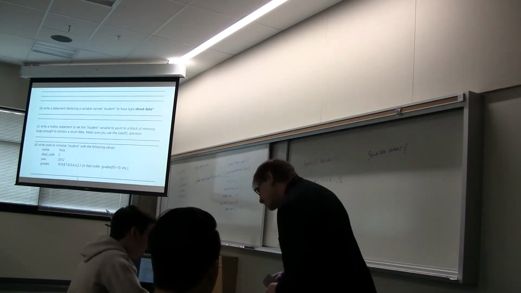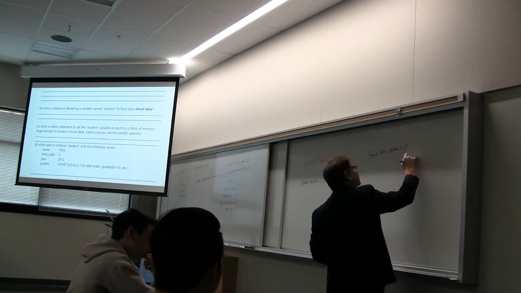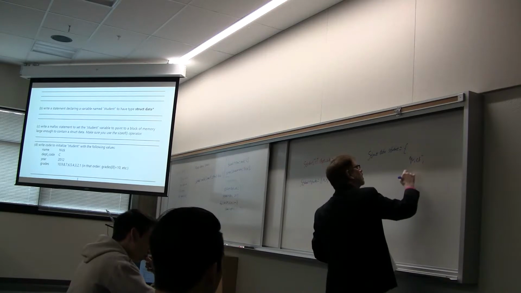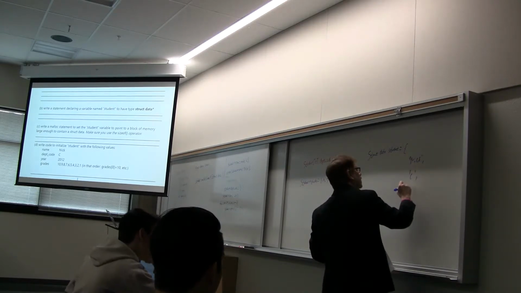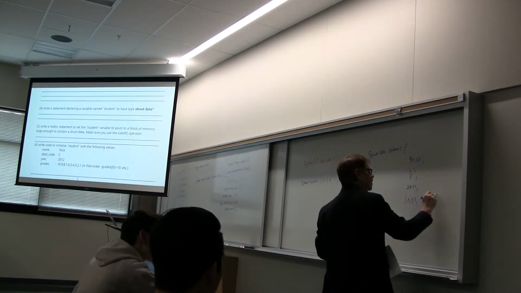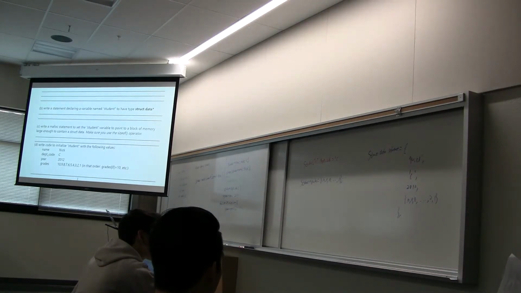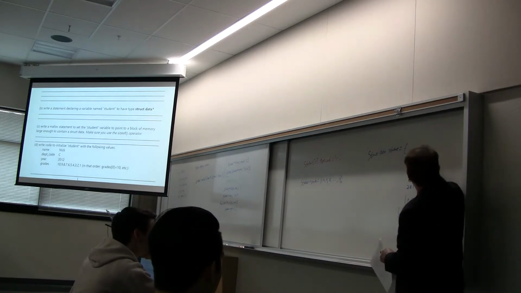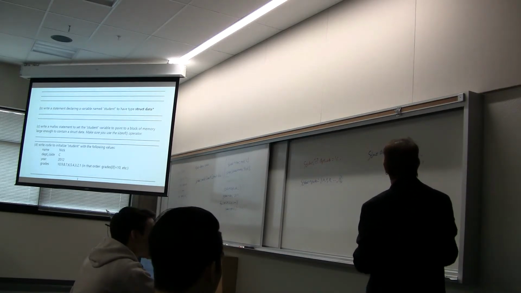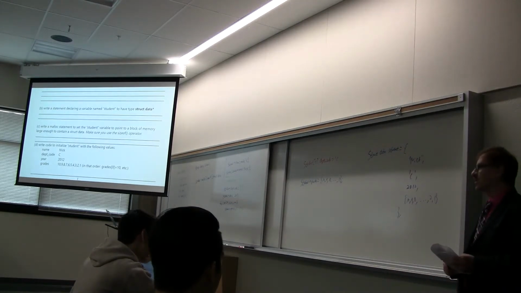So let's see. So this will work. Okay, you can initialize structures by just listing the different fields with commas in between. And even the grades piece you can pick up with another list in brackets.